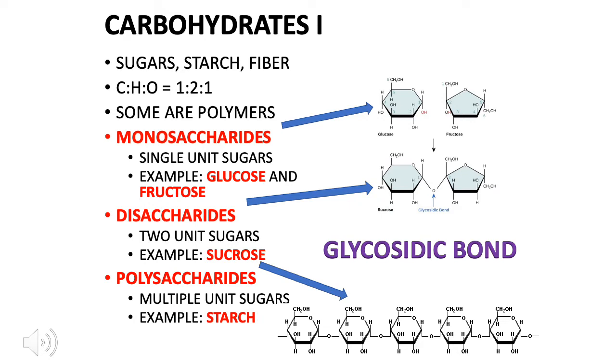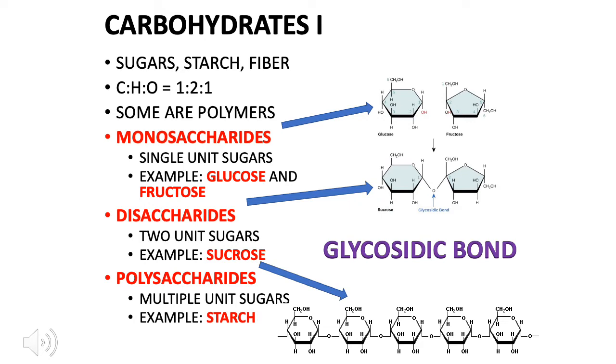You take a look at the right-hand side, you will see an arrow pointing to a structure that looks like a hexagon. That is glucose, and you'll see another molecule that looks like a pentagon, and that is fructose. Incidentally, and we'll see this on another slide, glucose and fructose, even though they look different, have the exact same chemical formula.